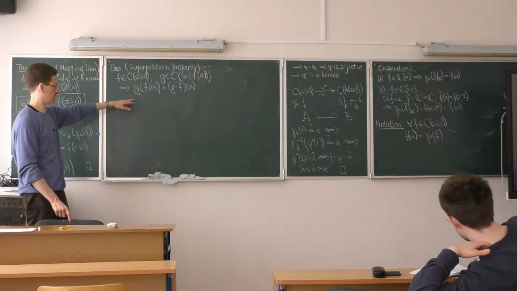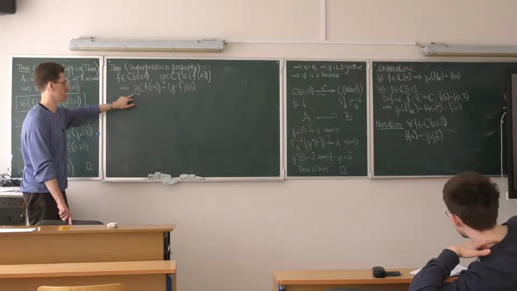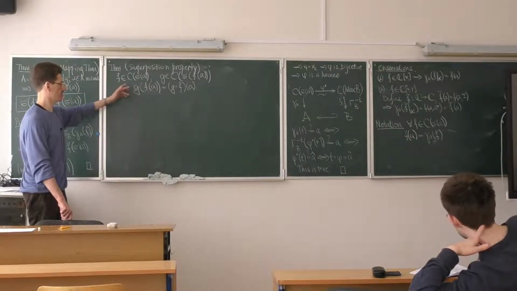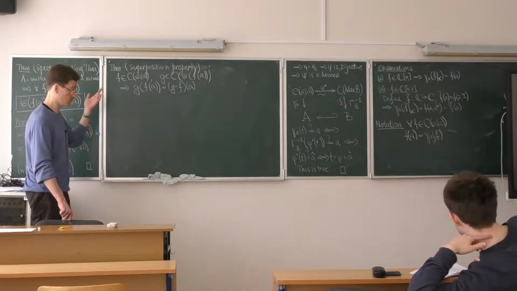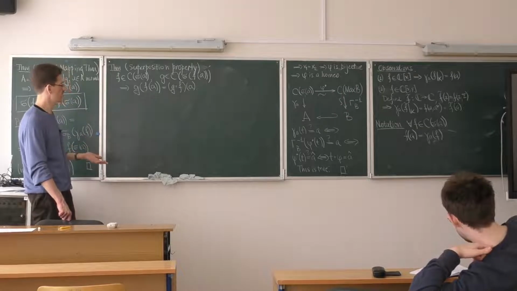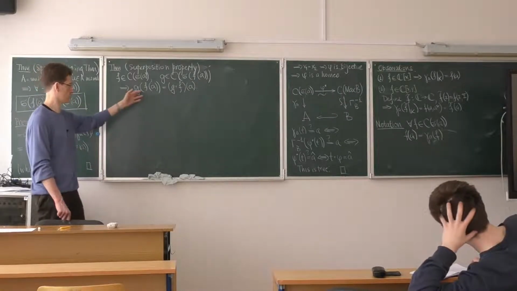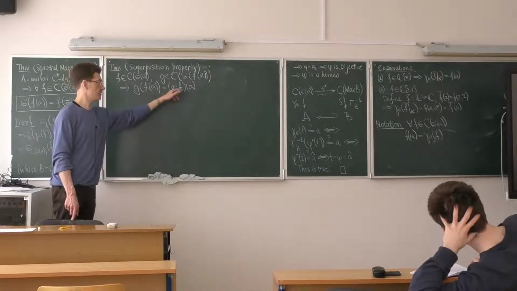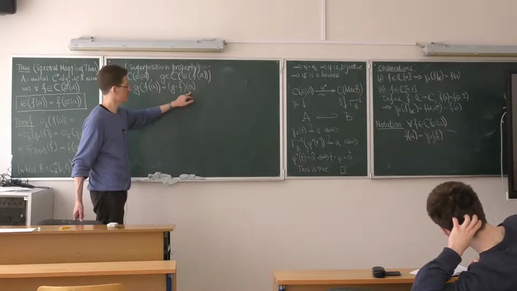This formula is not tautological because the left-hand side is the iteration of two functional calculi. First we apply f to a, and we use the functional calculus for a, and then we apply G, and this means that we use the functional calculus for f of a. And here we first compose G and f, and use the functional calculus for a.